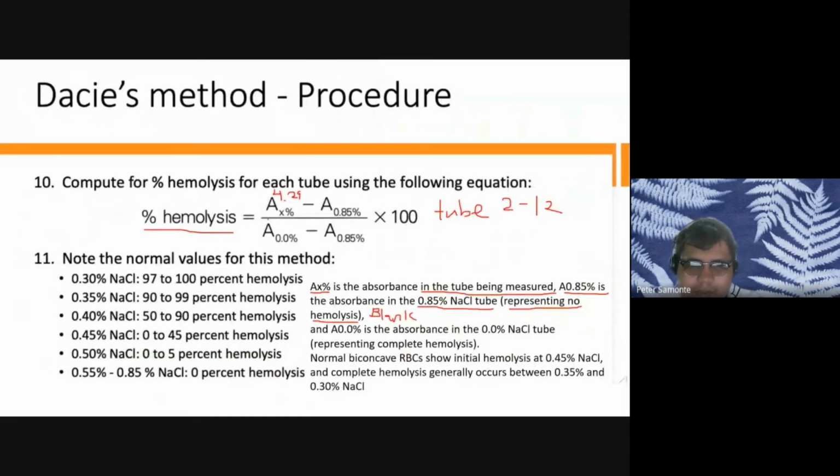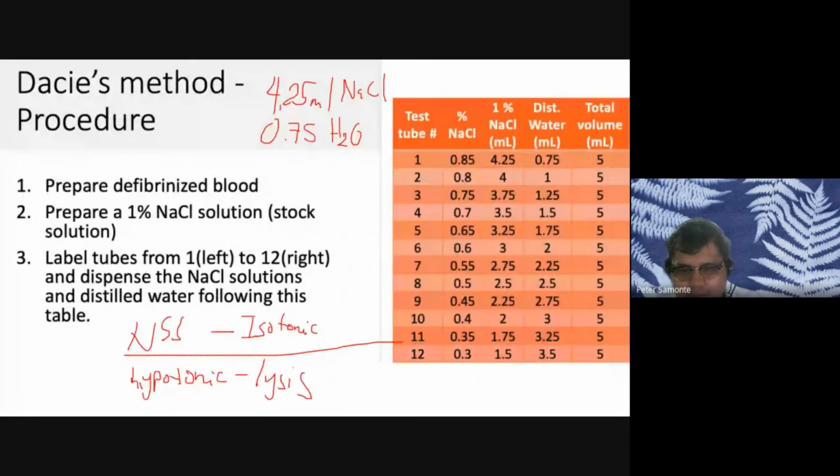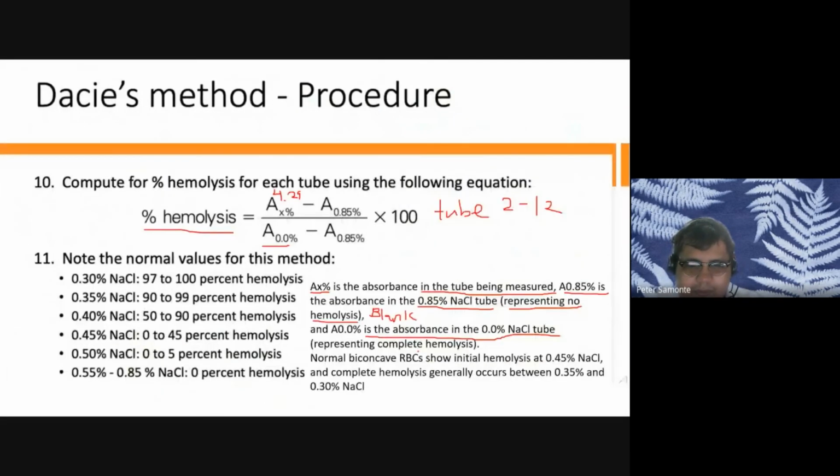Then you're going to divide it by A 0.0. Now what is A 0.0, class? This is the absorbance in the 0.0 sodium chloride tube. So let's check if there is a 0.0 tube. There is none. The table would end at 0.3. So I have a question, class.